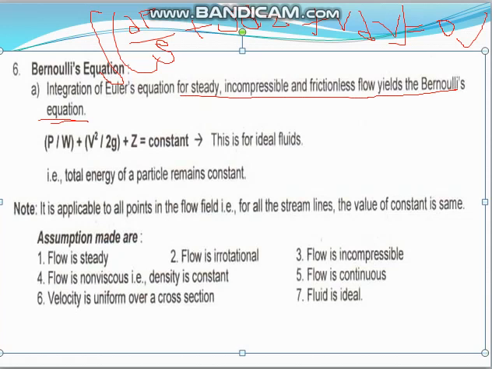Generally, the first thing is the flow is incompressible. Flow is incompressible means definitely the density will be constant.